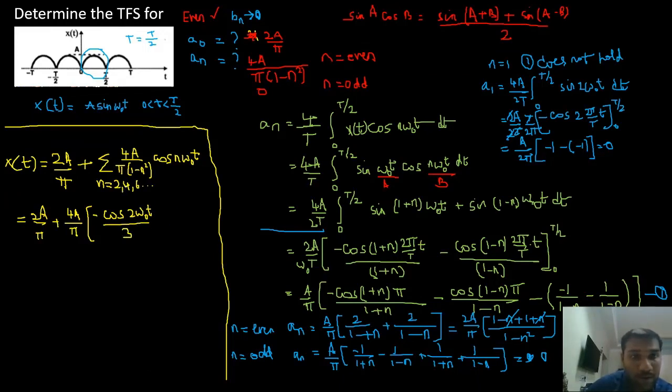Then when n is equal to 4, I have 4a by pi is common, and in the numerator I have cos 4 omega naught t divided by 1 minus 4 square, that is minus 15 in the denominator, minus, and so on, right? This is my final answer.